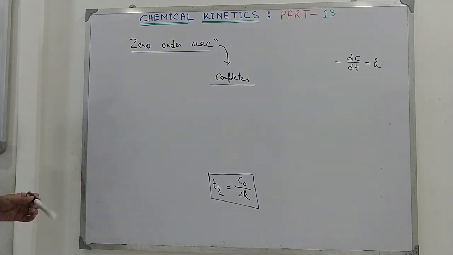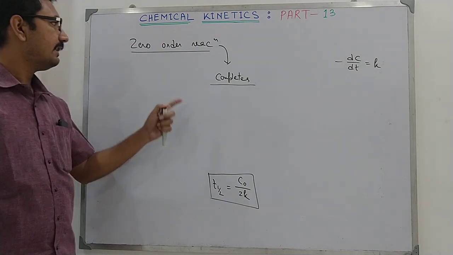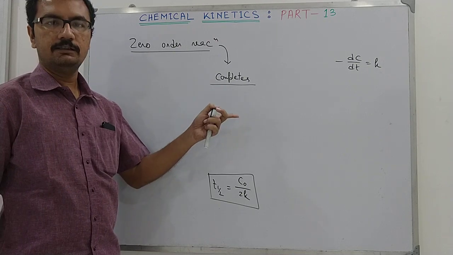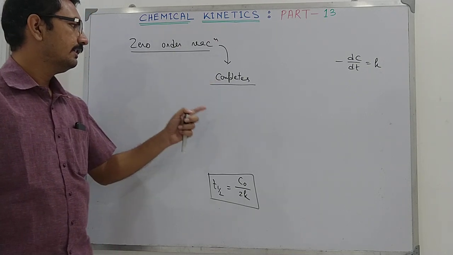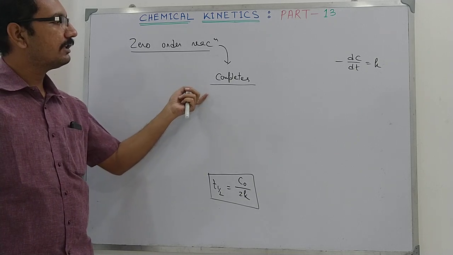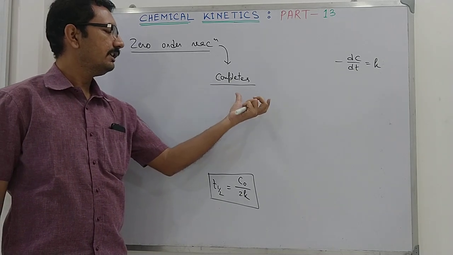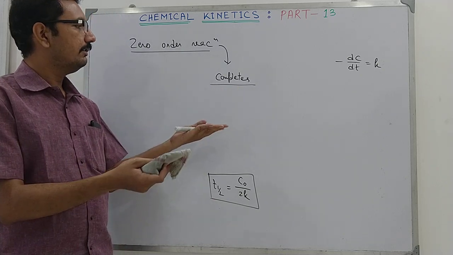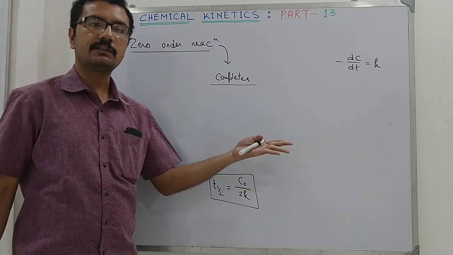Now when you say that a zero order reaction completes, a student must have a query about in which time it completes. Since first order and second order do not complete, there will be no such query. And maybe there is a query, but that will give you the answer infinite time.